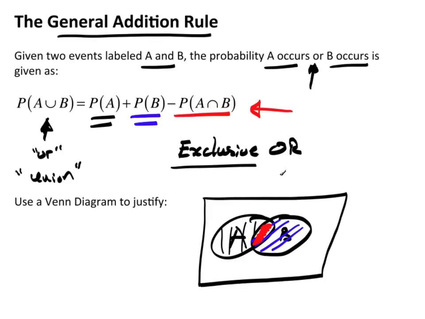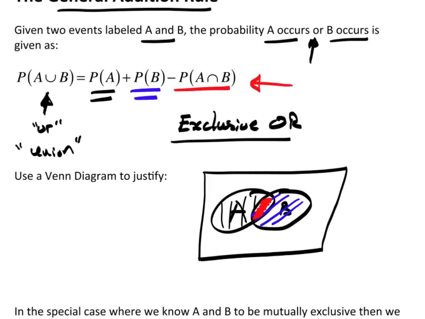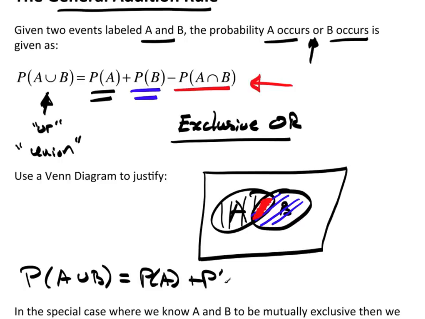An exclusive OR says that A happens or B happens, but they both cannot happen. In the situation where we have an exclusive OR, you'd have the probability of A or B equals the probability of A plus the probability of B minus twice the probability of A and B. Because I counted this middle twice, I have to subtract it off twice.